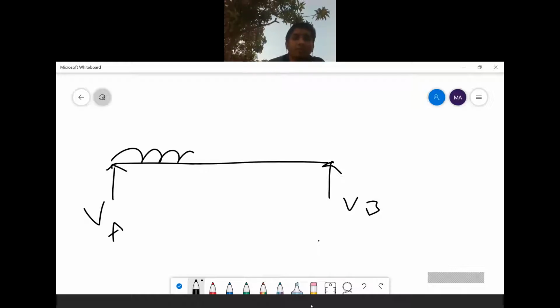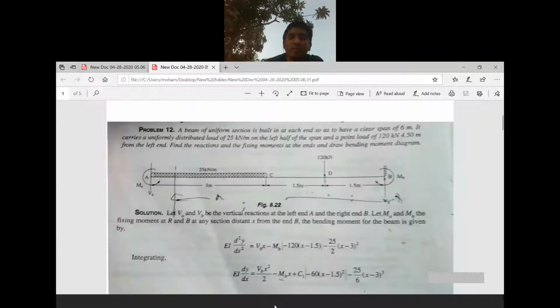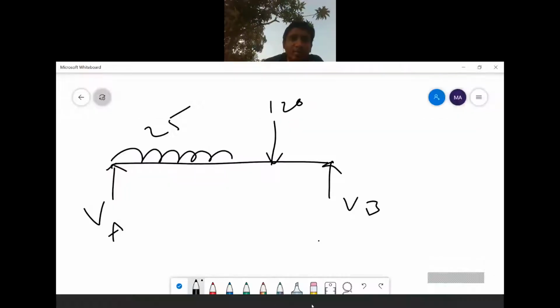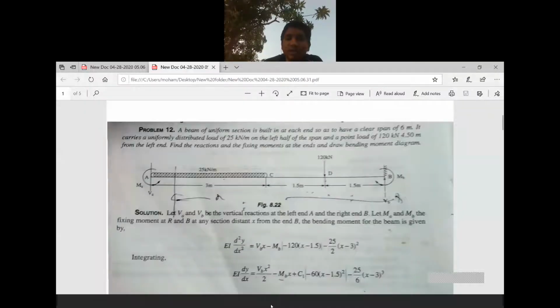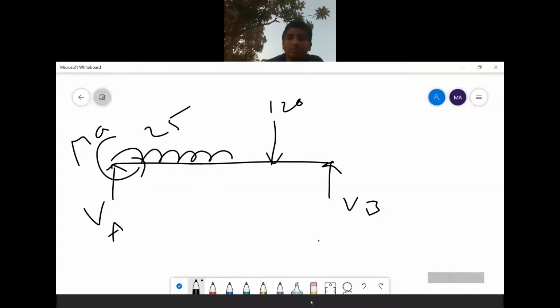Here you have the UDL of 25 and the point load, and also external moments MA and MB. MA is acting in this direction and MB is acting in the opposite direction. Understand? You have MA and MB.